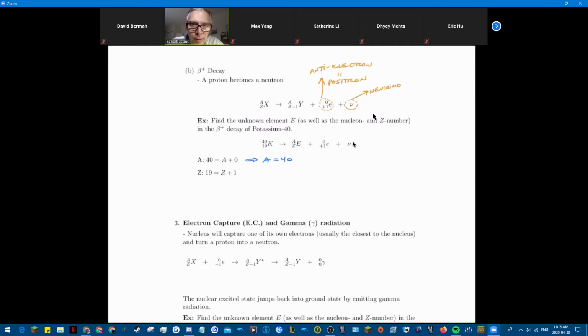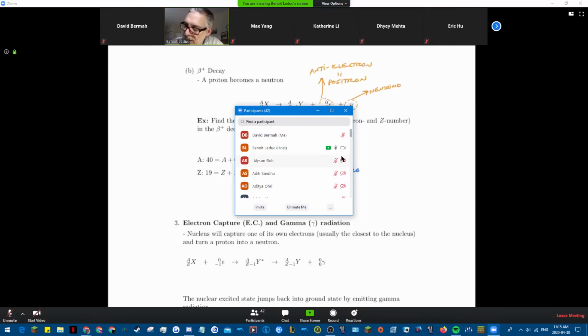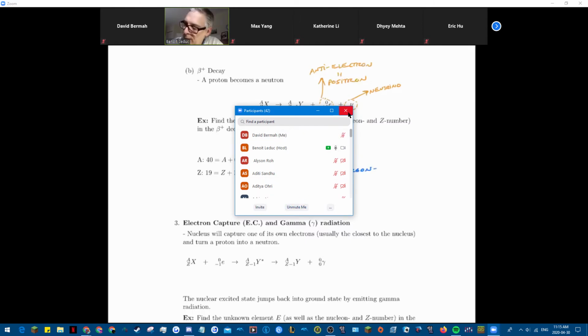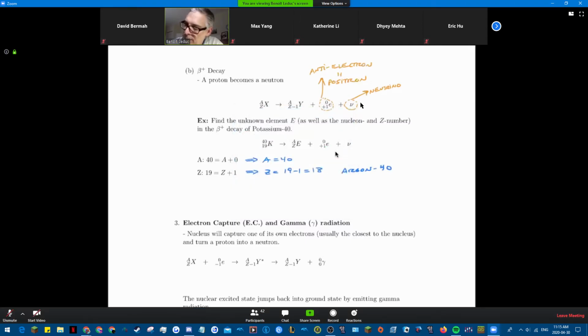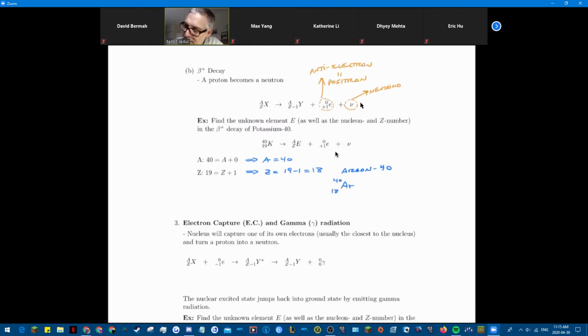The neutrino has no charge. So that means Z is equal to 19 minus 1, which is 18. If you look this up, I think it's going to be argon. Am I correct? Yeah, argon-40. All right. Is that okay?